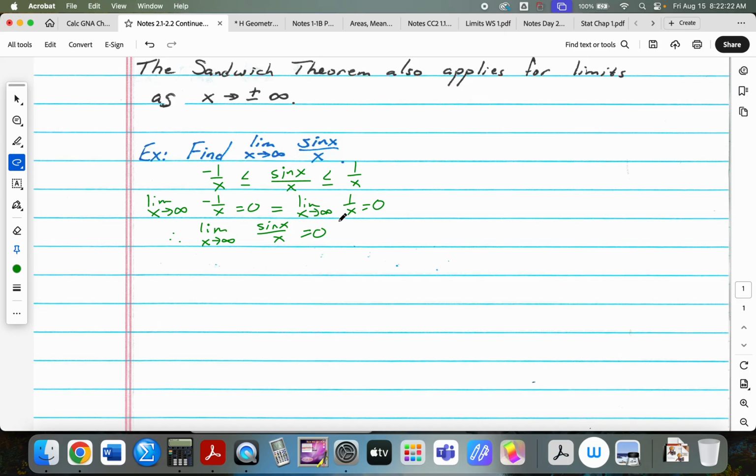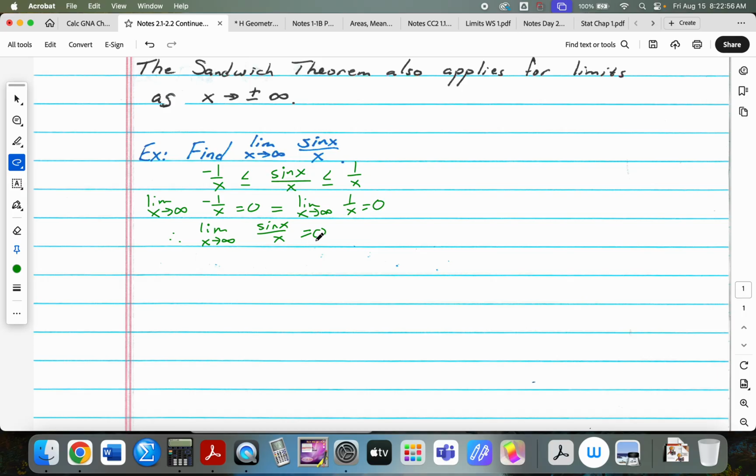Part of the reason we also do this is to get you used to the idea of justifying your answers. Okay? So here I'm applying the theorem, and the theorem says that the function in question has to be in between these two on some interval, and that the limit as x goes to whatever we're interested in goes to the same thing, then the limit of the function we're interested in goes to that same value.